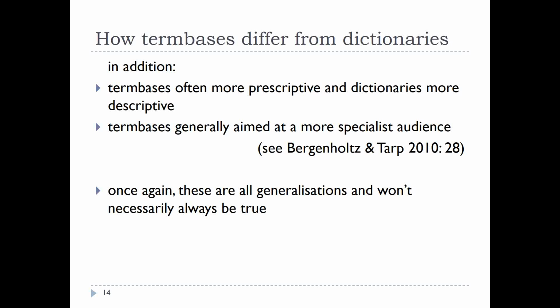In other words, they are indicating correct usage and also what forms may need to be avoided. Whereas dictionaries very often these days are more descriptive, so they are intended to reflect the way users will employ a particular word. Term bases are as well, of course, generally aimed at a more specialist audience.